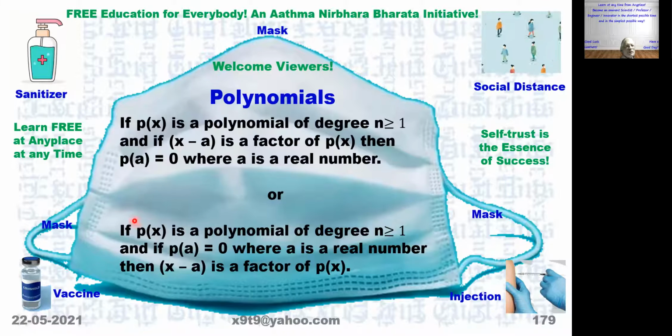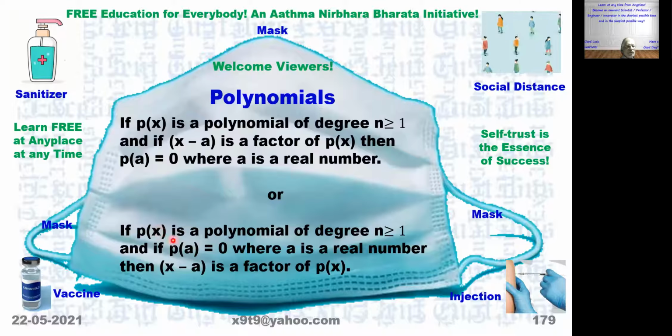Here what is said is, if P is a function of x given as a polynomial of degree n greater than or equal to 1, and when x is substituted by a real number, if the value of this polynomial P(a) becomes 0, that only means that x minus a is a factor of P(x), where x is the general variable used in the given polynomial and a is the particular value, a real number.